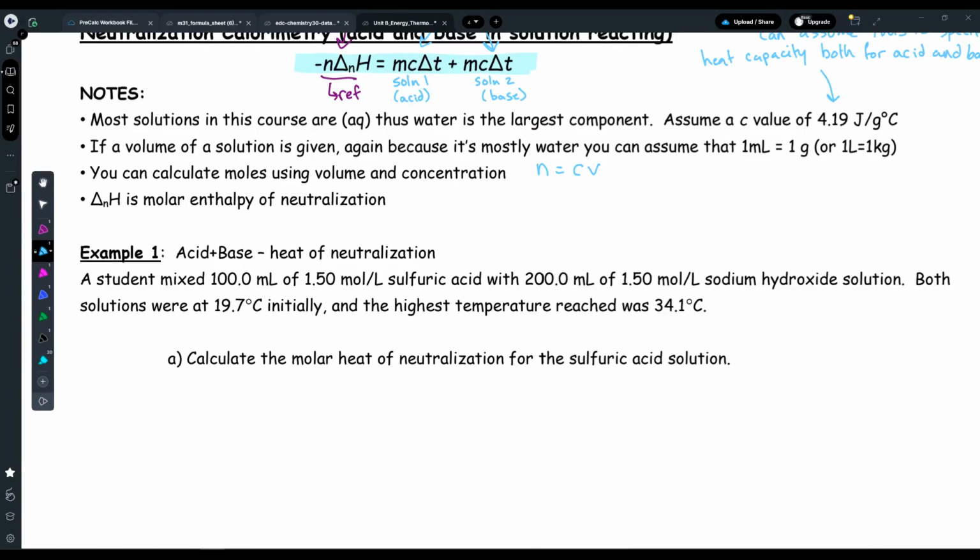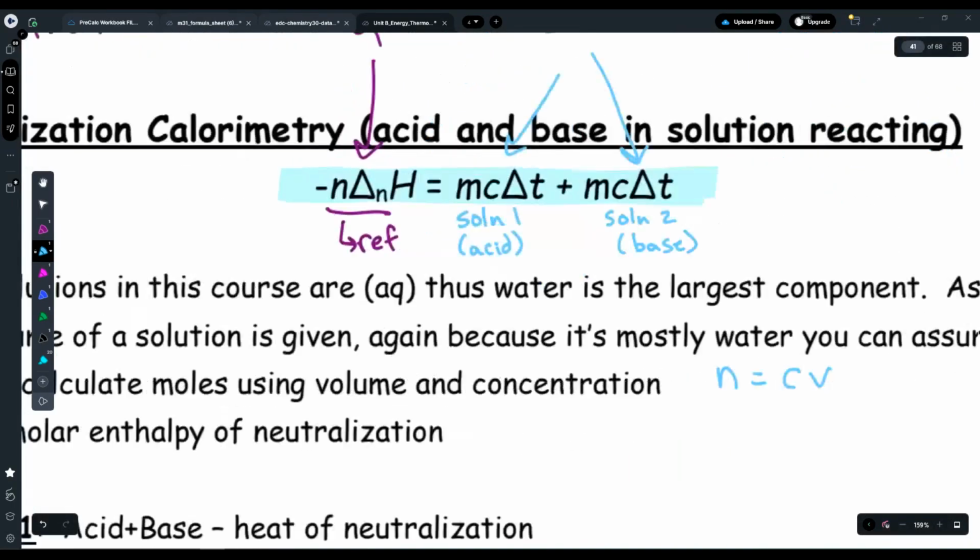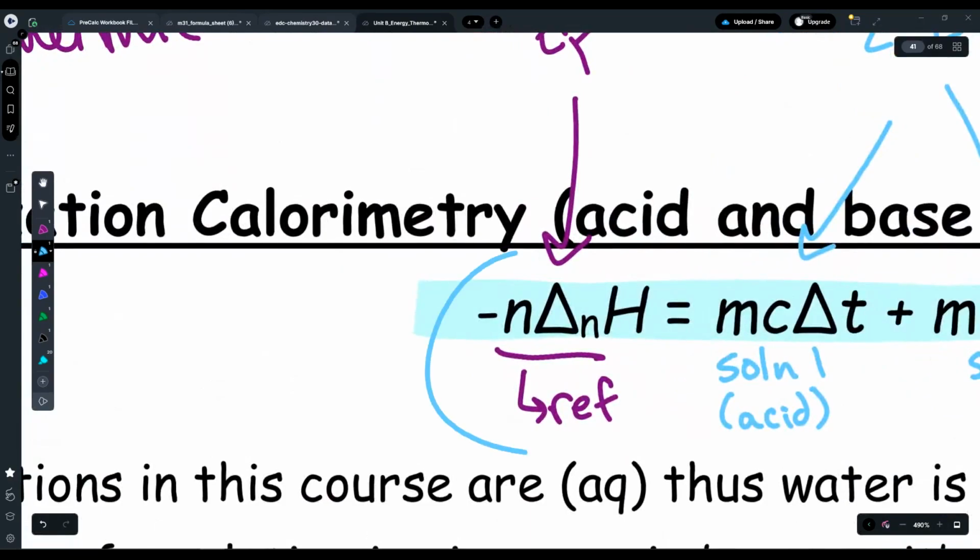Calculate the molar heat of neutralization for the sulfuric acid solution. Okay, since this is the specific substance that we're being asked about, this is going to be our reference substance. So that's going to be the part that we care about that ends up on the left-hand side of our formula.